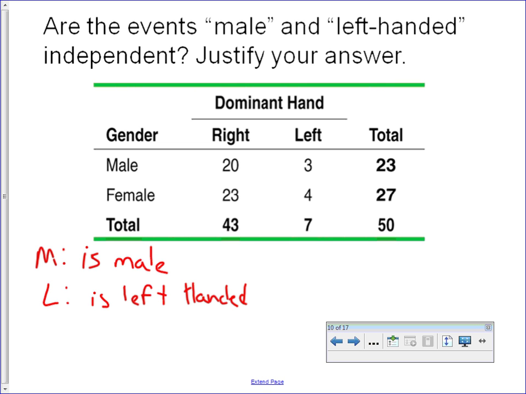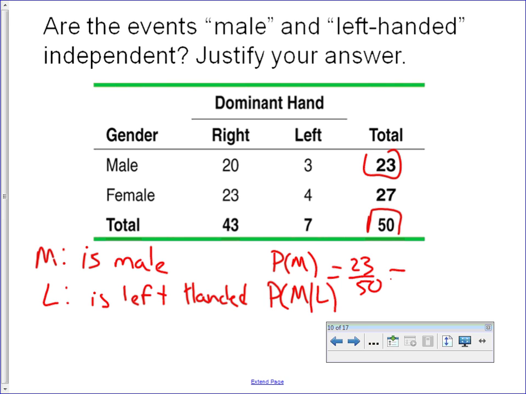And so what we need to find is the probability that you're male, but we also need to find the probability that you're male given you're left-handed. And these two have to be the same for the events to be independent. So the probability of male is, there's a total of 23 males out of 50. So the probability of M is 23 out of 50, or 0.46.